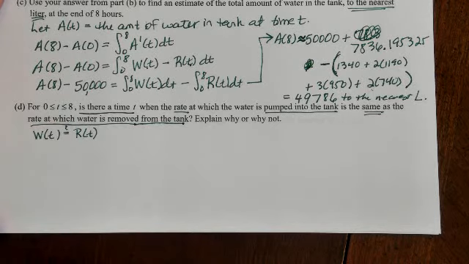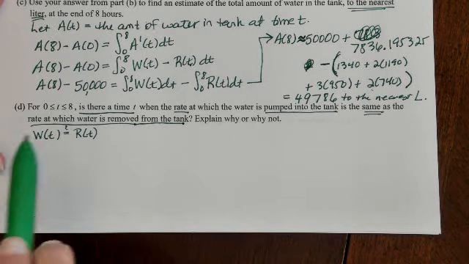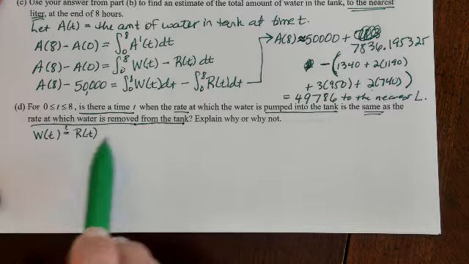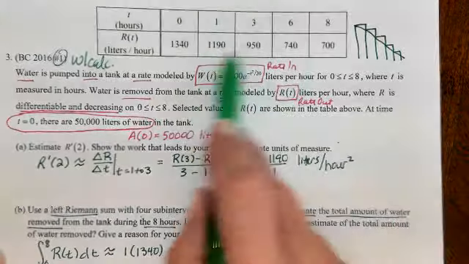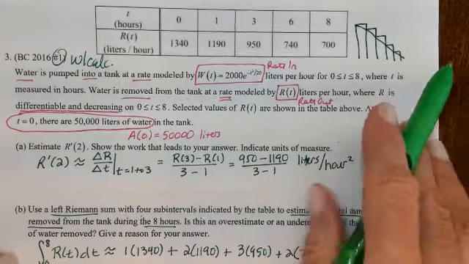And I will tell you that the first time I saw this problem, this one made me think for a while. I don't know that I would have been able to finish this in the time that they gave me. But this one made me think a little bit, because I looked at the function, and I looked at these R values here, and I was trying to come to terms with it, and it took me a little while to figure this out.